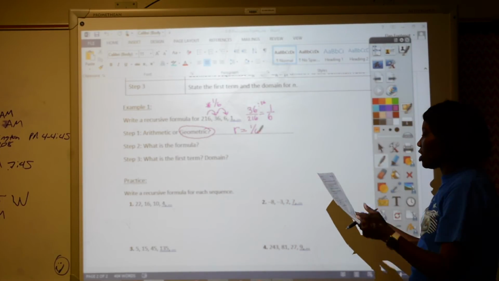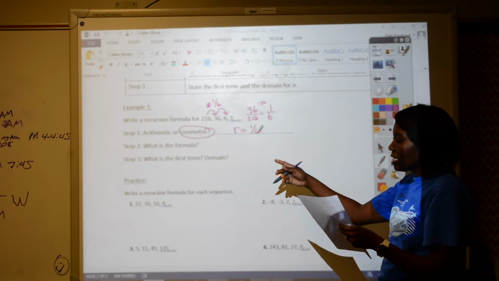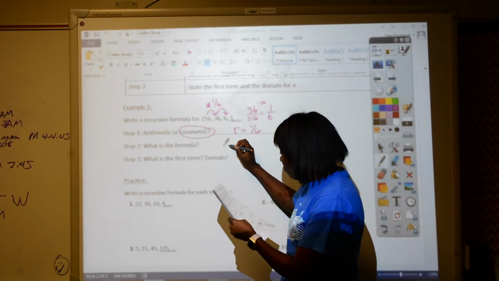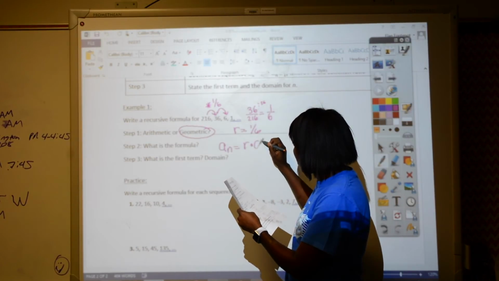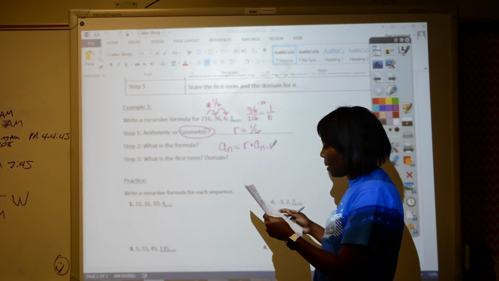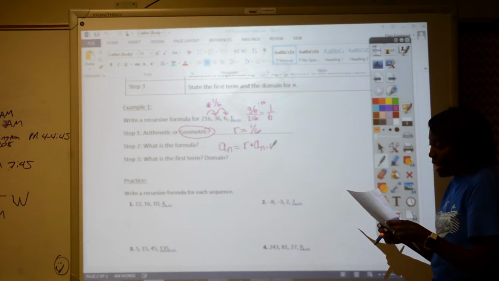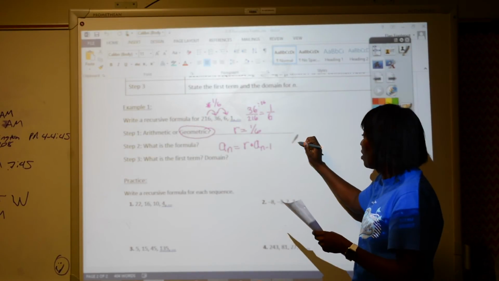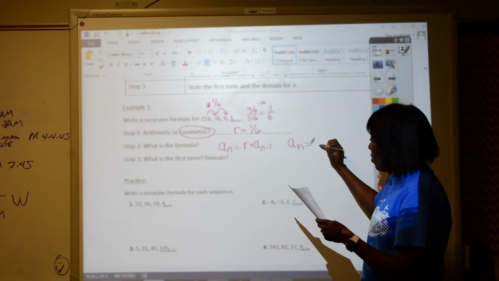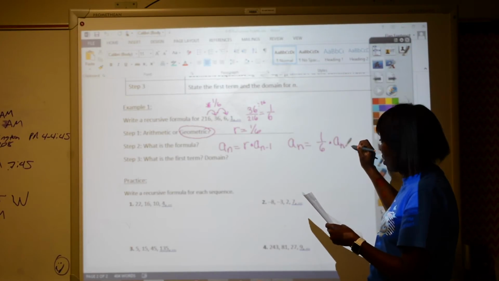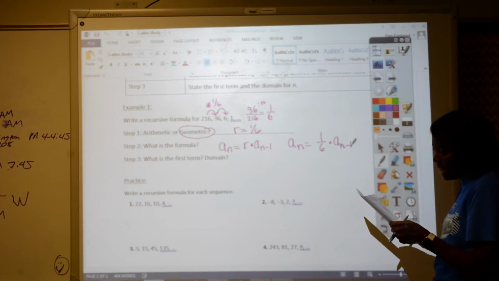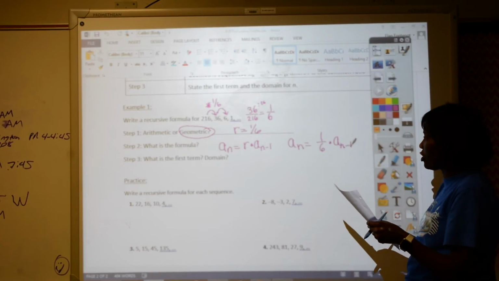Since our common ratio is 1/6, step 2 says, what's the formula? We know our formula is a sub n equals r times a sub n minus 1. If we plug our r in, we get a sub n equals 1/6 times a sub n minus 1. Then step 3 says, what is the first term?